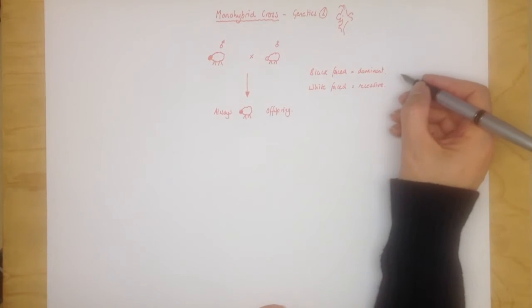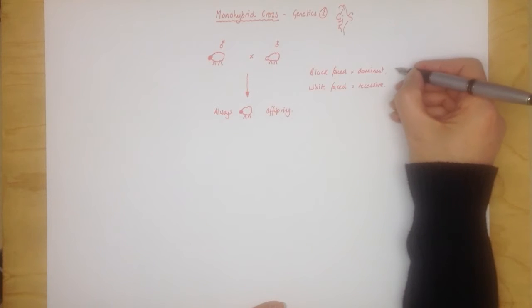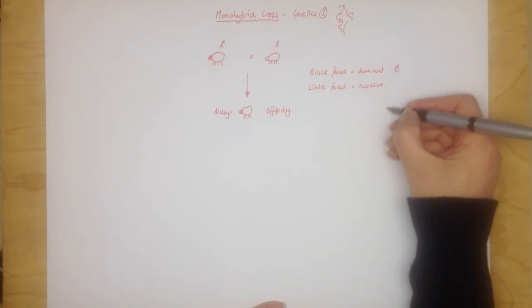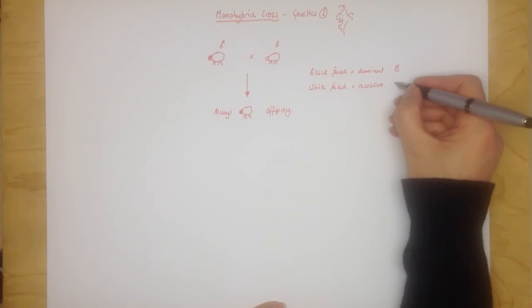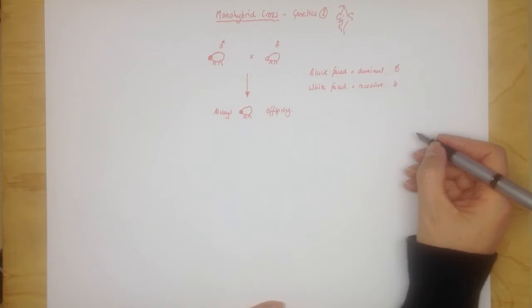We assume that face colour is controlled by one gene. So because black-faced is dominant, we give it the letter capital B. We choose the same letter but lowercase for the recessive allele of that gene.